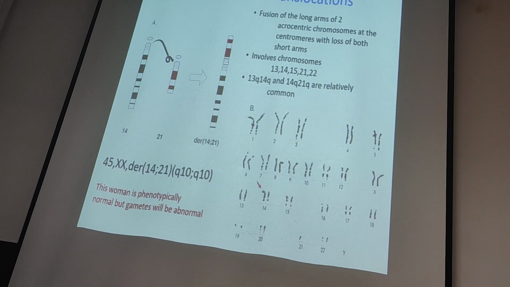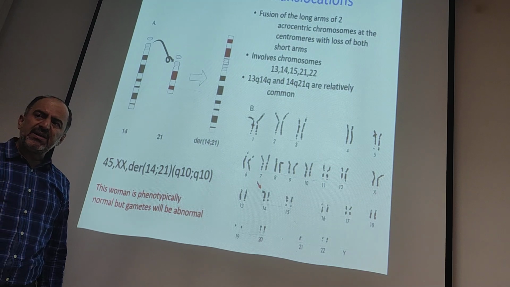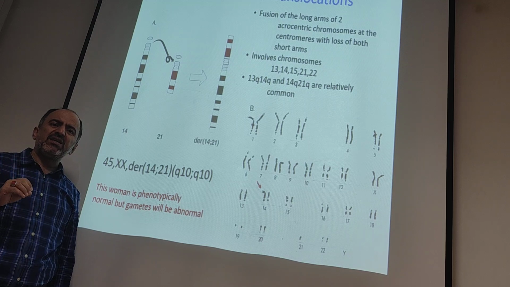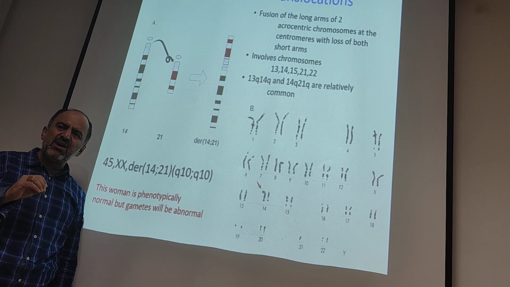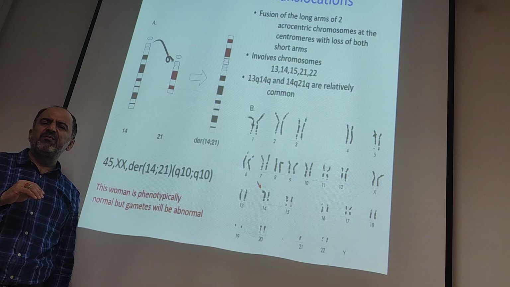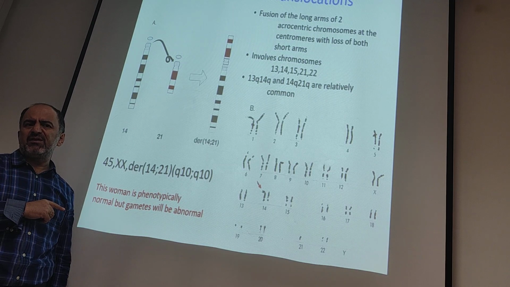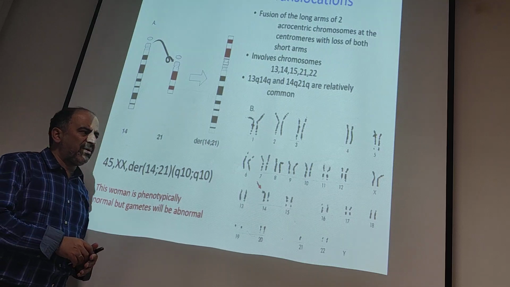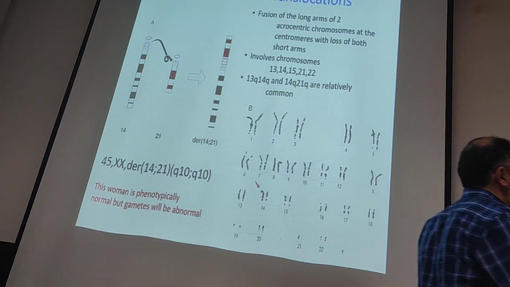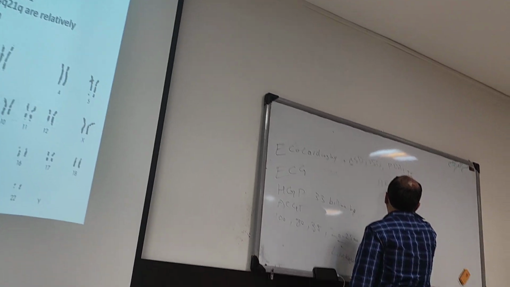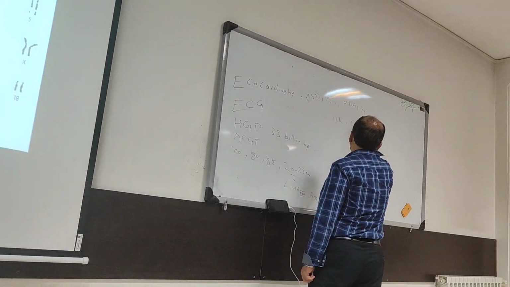This woman is phenotypically normal, but the gamete seems to be abnormal. The only genetic disorder that has a recurrence risk of nearly 100% is for the father and mother who have balanced Robertsonian translocation. In autosomal recessive disorder, we have a chance of 25% to happen again. Autosomal recessive 25%.